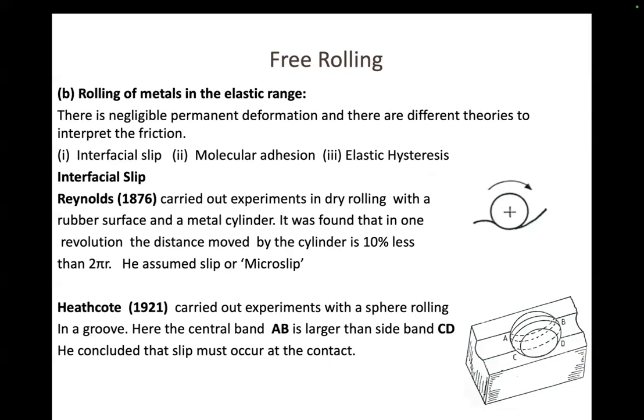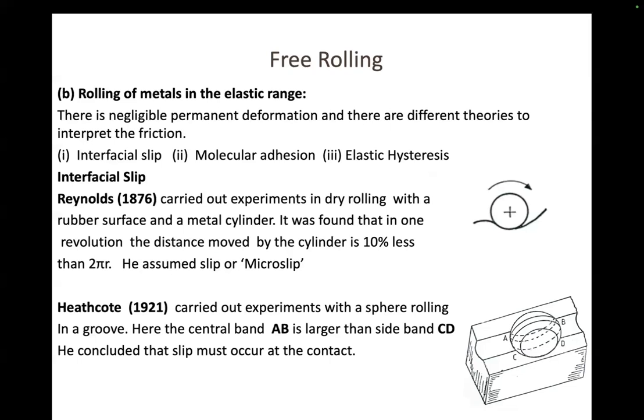And of course, a slip in the macro scale, but if we talk about the smaller interfacial contact, then it will be micro slip or even nano slip. So obviously, Reynolds' experiment proved that there has to be some slip to contribute to the rolling friction in the elastic ring.